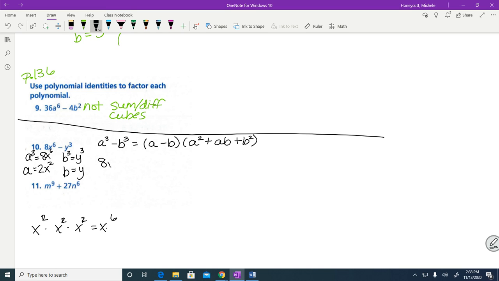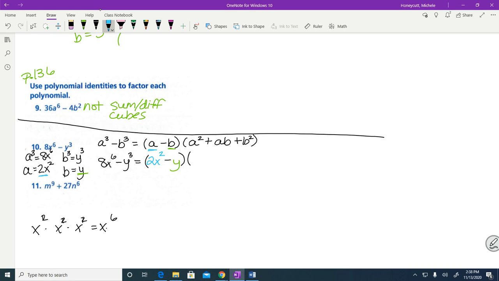All right, so let's substitute in what we know. I'm just copying down the problem, 8x to the 6 minus y cubed factors into, now the a is 2x squared. So 2x squared minus, now I want to find the b. B is y, so 2x squared minus y times, and it says square a. So if a equals 2x squared, a squared, I got to square everything.